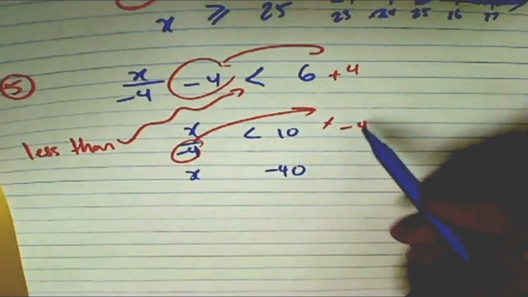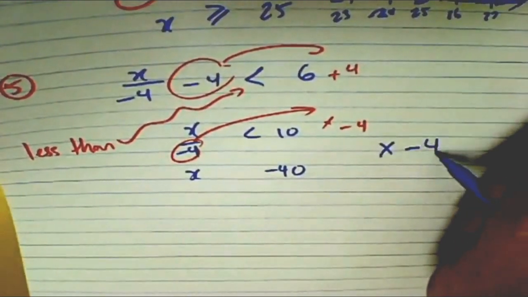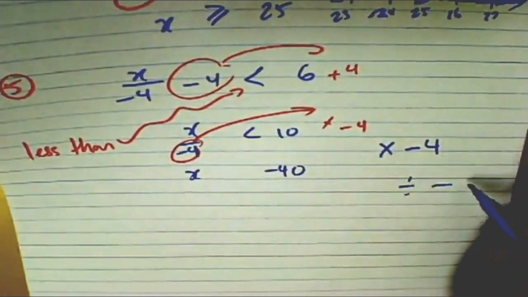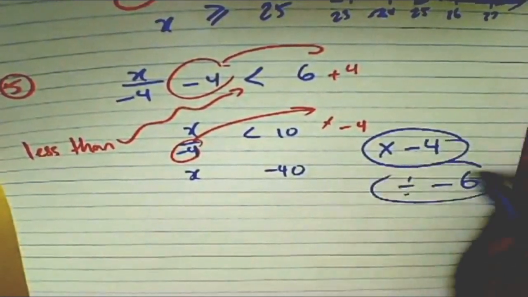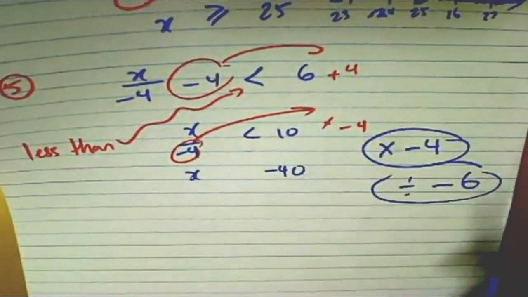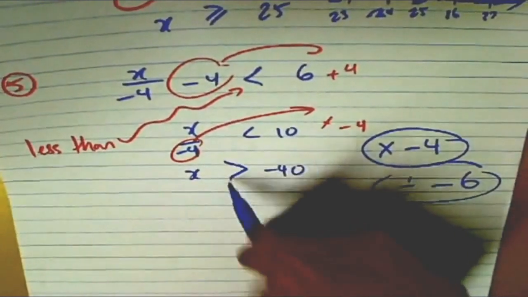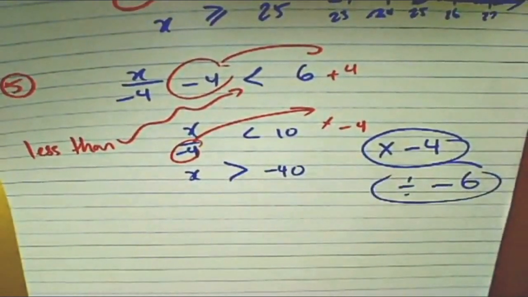Every time you do times negative or divide negative, you're going to swap the symbol into the opposite direction. That's the idea. Every time you times by or divide by a negative number, you swap the symbol. It's just a rule.